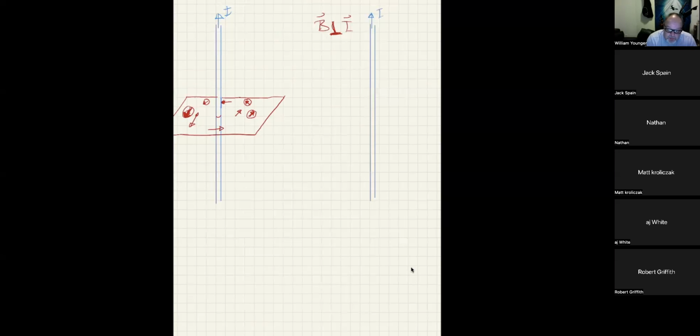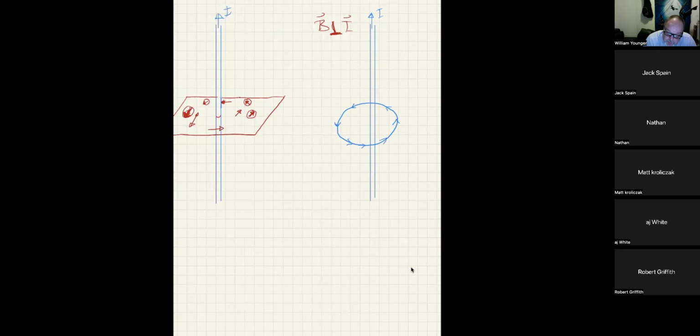Okay, so what I'm saying is there exists a magnetic field that is tangential to this circle at all points.